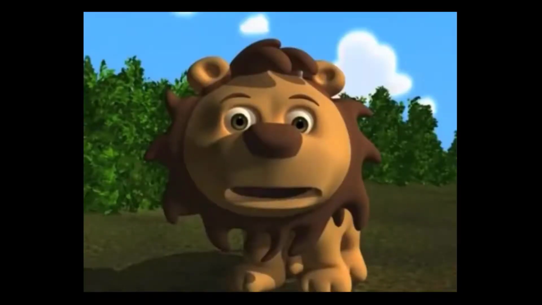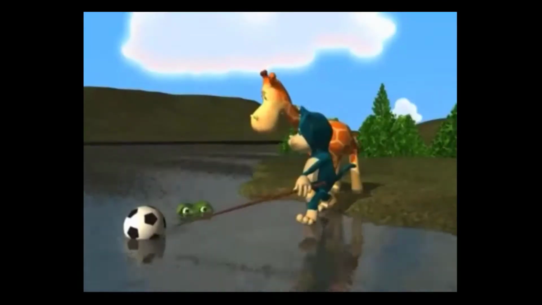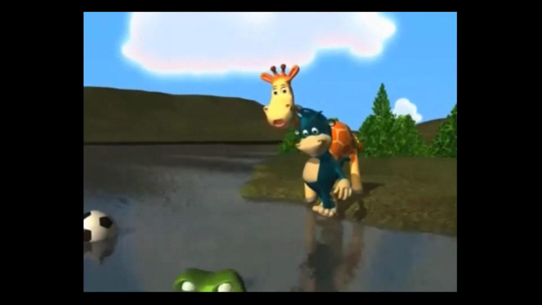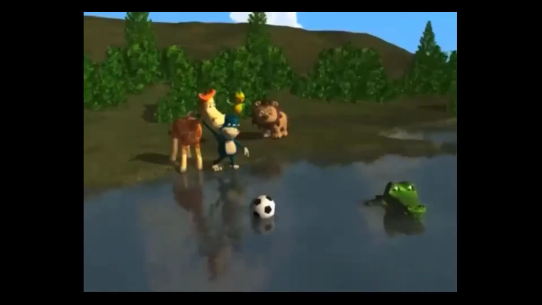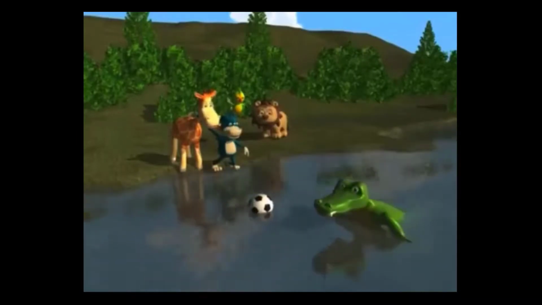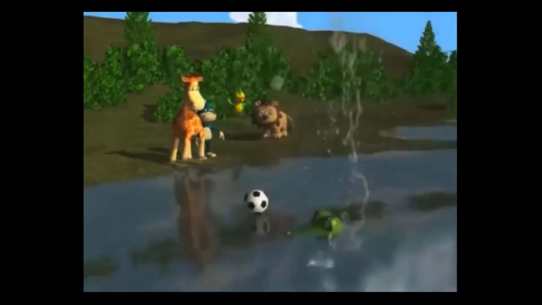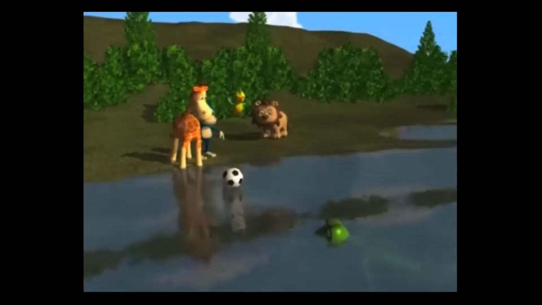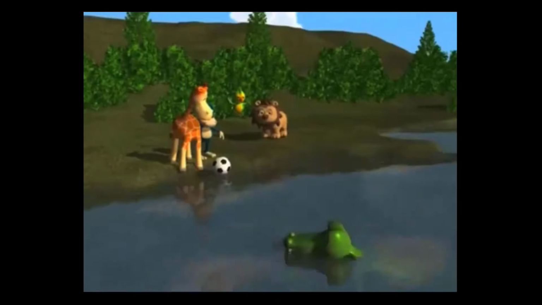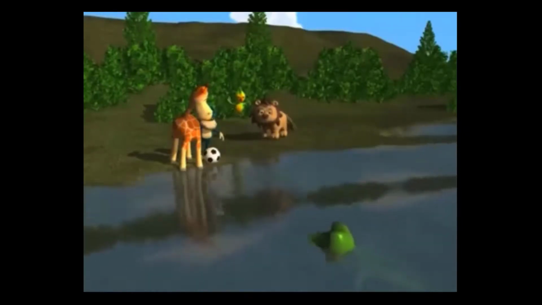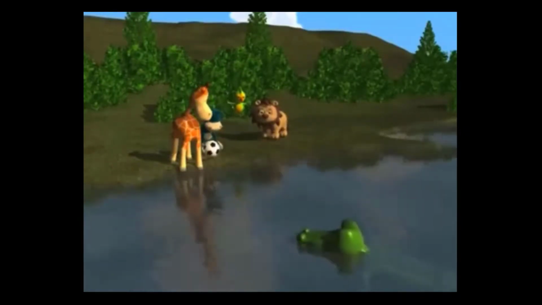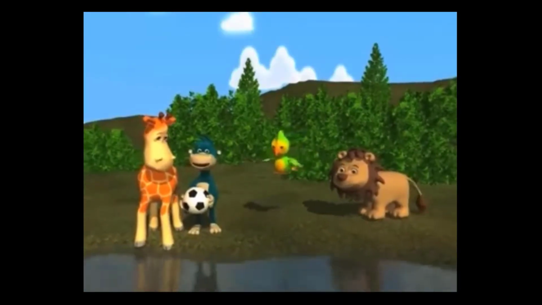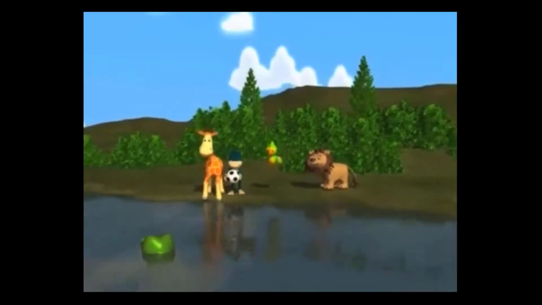Be careful! Help! Look! We've got the ball now. Thank you, Mr. Crocodile.